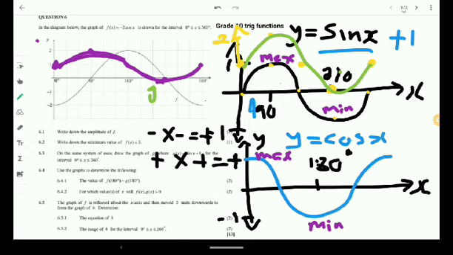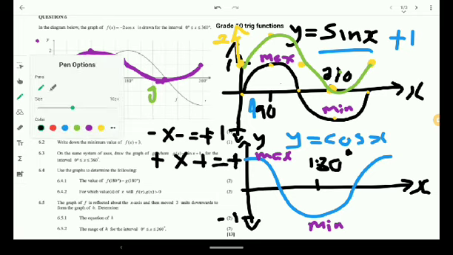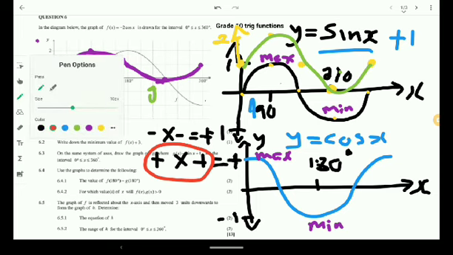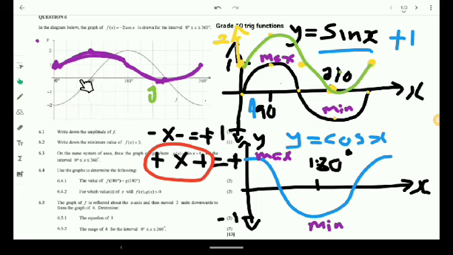Both of the graphs should be on top of the x-axis if they are positive. The x-axis is here. Above the x-axis starts from this point, 90 degrees.